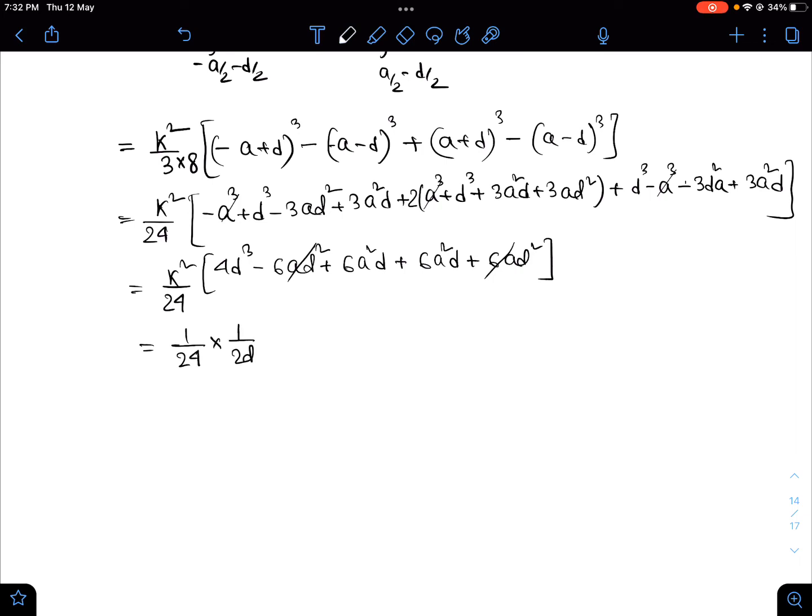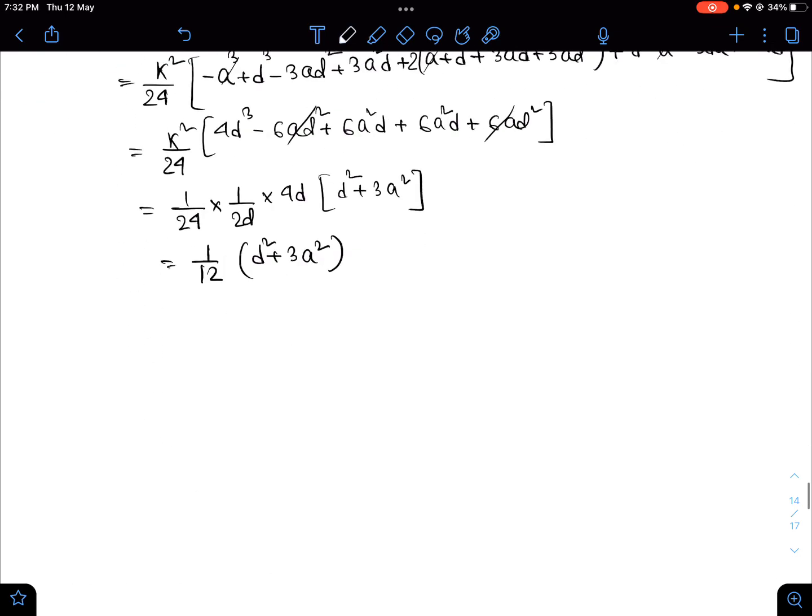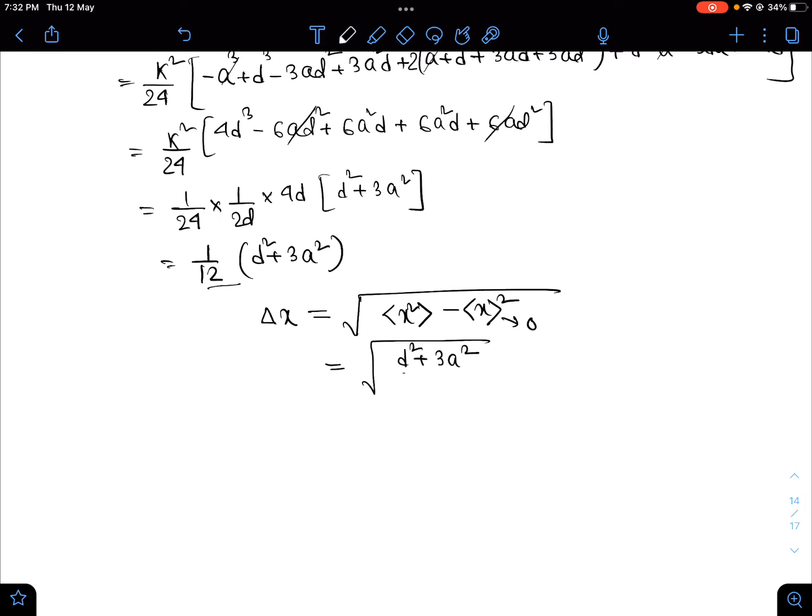Now let us put in the value of k squared, which is 1 by 2d, and we have 4d from the upper portion, so we will have d squared plus 3a squared, all over 12. So the expectation of x squared is (d squared plus 3a squared) by 12. The position uncertainty is the square root of the expectation of x squared minus the square of the expectation of x, and that term is 0. So we have the root of this term: root of (d squared plus 3a squared) by 12.